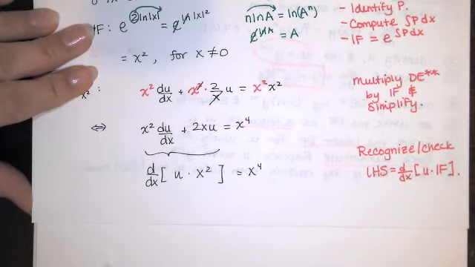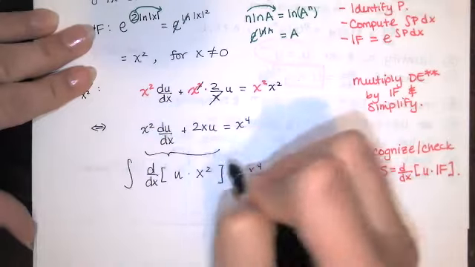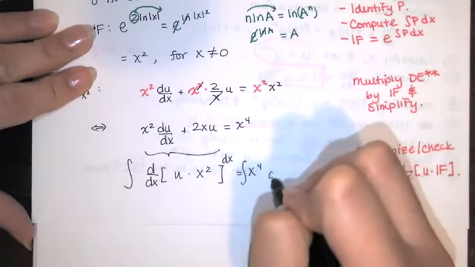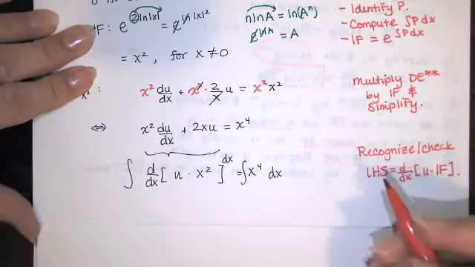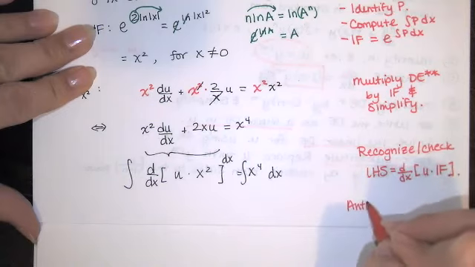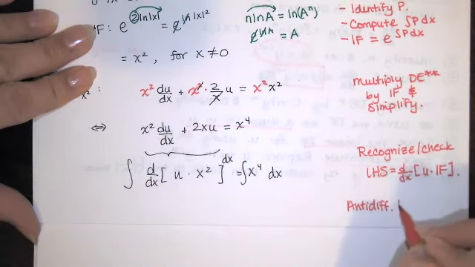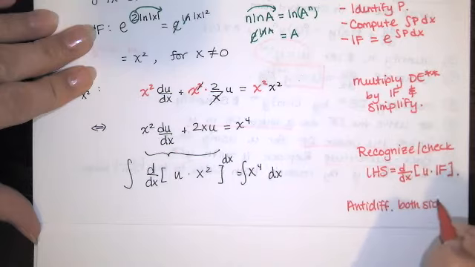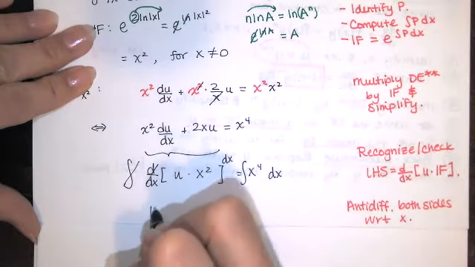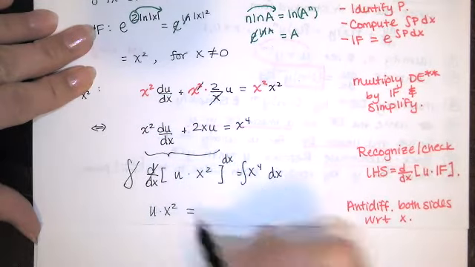Now we're 2 steps away from getting u by itself. I want to get rid of this derivative, so I take the antiderivative of both sides with respect to x. And the antiderivative of the derivative is that original function.